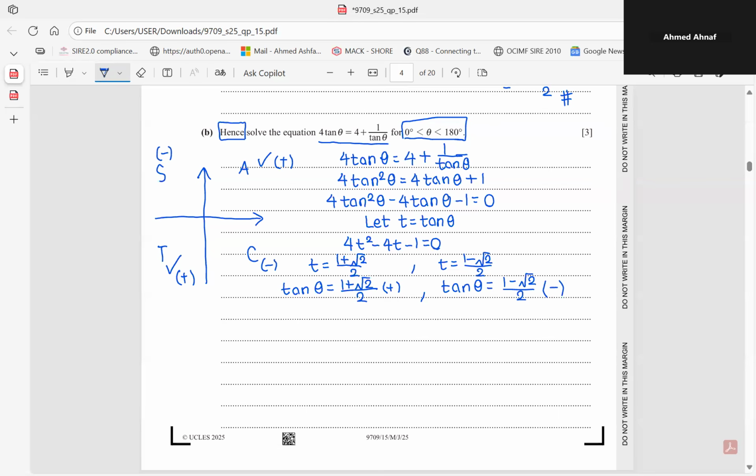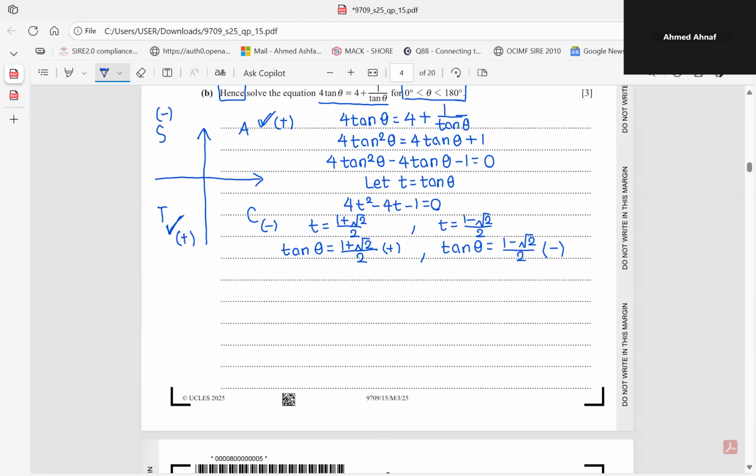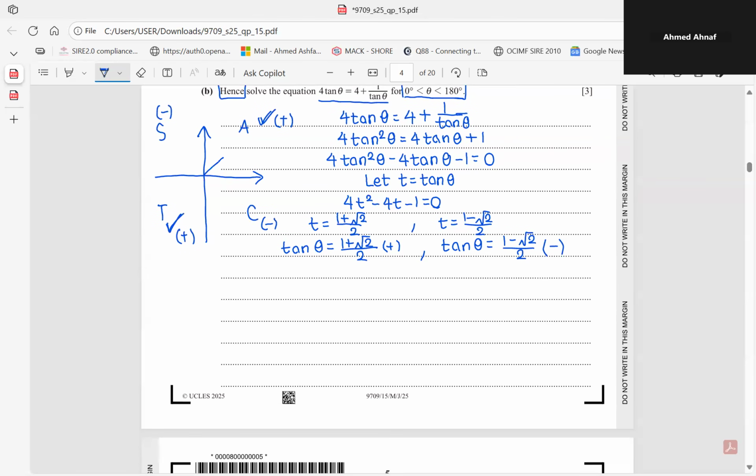So for tangent theta equals (1 plus square root 2) over 2, theta can only be in here and here. So to find the angle in the first quadrant, the angle will just look like this. So you just have to find the basic angle. Oh, sorry.